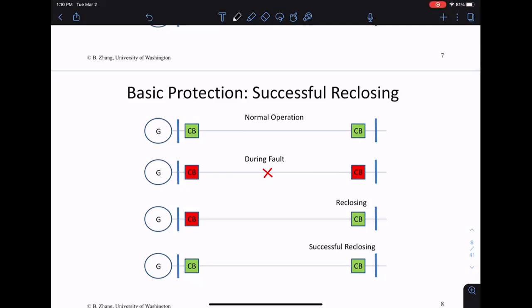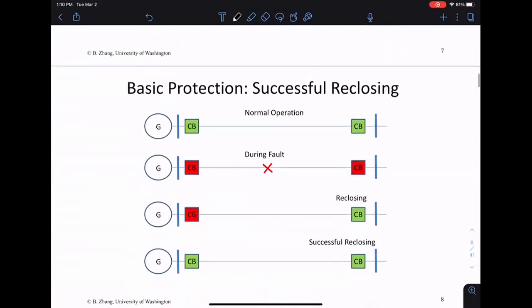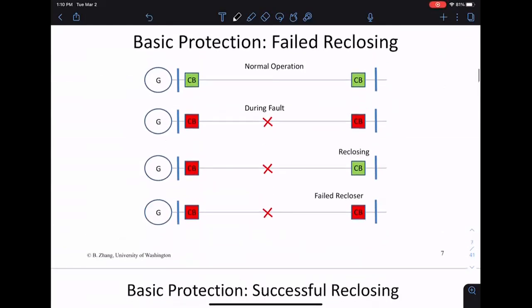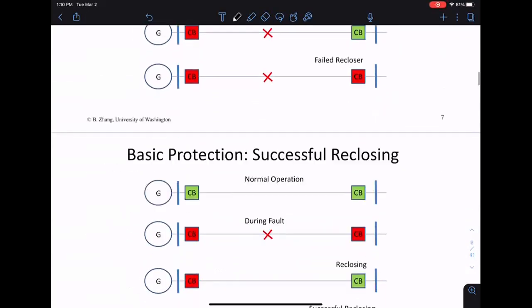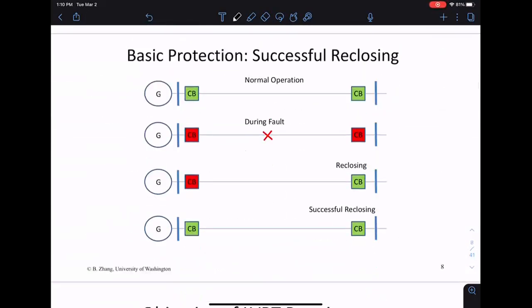So that's the wind turbine's job, to wait out this process. If they don't close, then after 10 cycles, you can just trip offline. That's fine. If they do manage to close, then you should be there when the system is reconnected. So this is the goal of that.